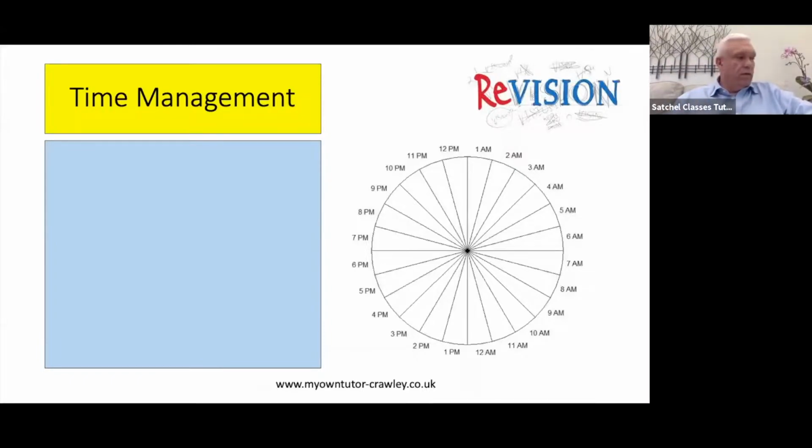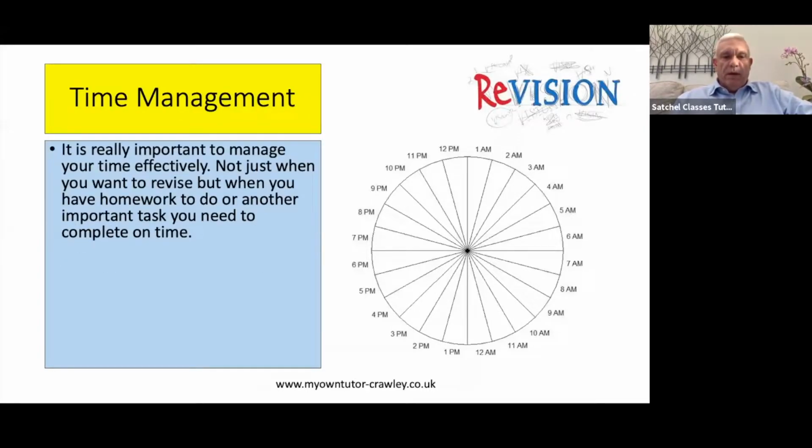You've really got to decide what sort of time you're going to have to do this, so not just when you want to revise, but when you've got any homework to do or an important task you want to complete on time. So make sure that you don't just leave it and say, oh, I've got some spare 10 minutes here now or whenever. Really plan it out when you're going to do some revision, so you know what time you've got.